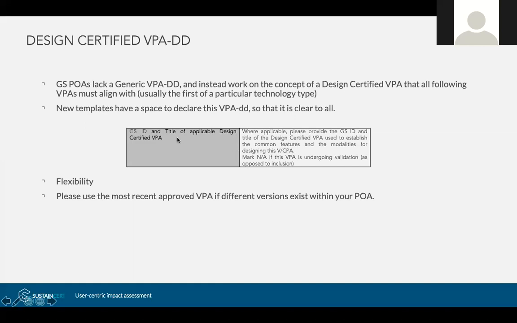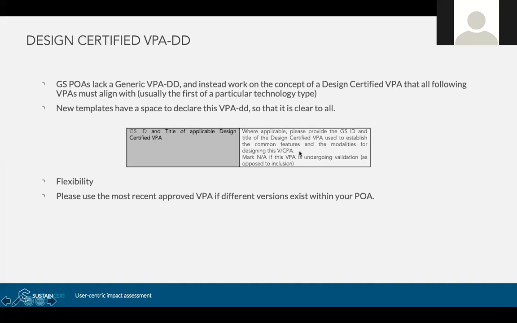We now ask for the gold standard ID and the title of the appropriate design certified VPA-DD. So it's that first example that all your VPA-DDs are copying in your POA, because that's how POAs are supposed to work. So there is some additional guidance provided in the text box.